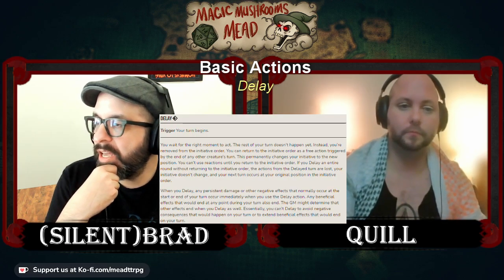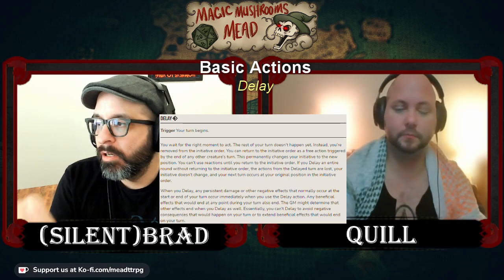You can use the chosen action as a reaction, provided you still meet the requirements to use it. So it is pretty much that, a very strict thing written right into the rules of the game.